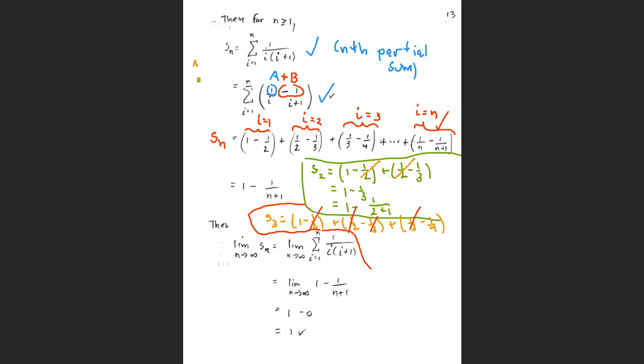So you see, what happens then is S sub 3, that third partial sum, can be just thought of as 1 minus a fourth, but that just equals 1 minus 1 over 3 plus 1. You see? So the general pattern here that we're seeing is that the nth partial sum will equal 1 minus 1 divided by n plus 1.